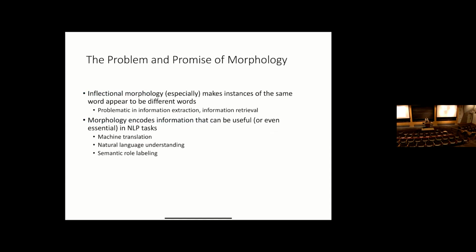And so this is a problem for information extraction and information retrieval and various other kinds of NLP tasks, because you end up with some sparsity often in the data, because you're dividing up a single category into a bunch of other categories based on the surface form, and you can't see that those really should be the same category and should have the same label.